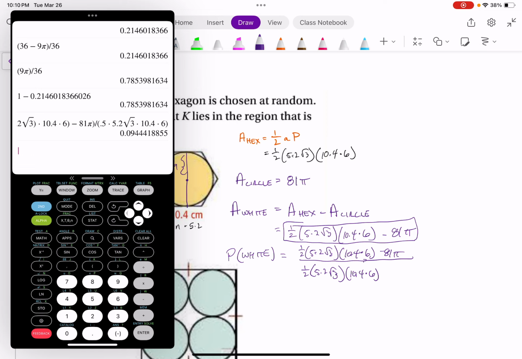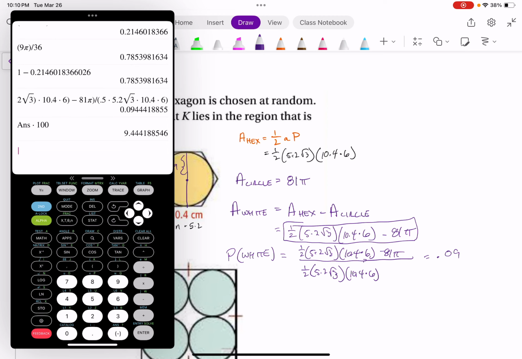And that ends up being the area of the white. And you can see it's very small. Okay, if we multiply that by 100, we get 9%, which is about 1/10 of the overall shape.